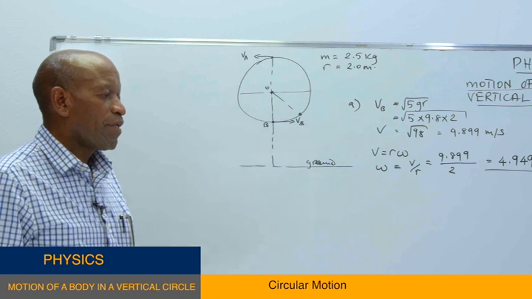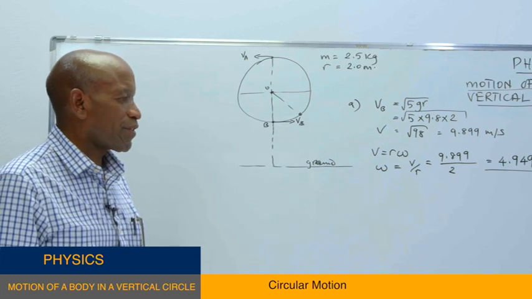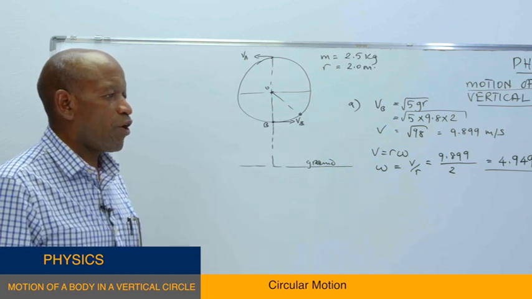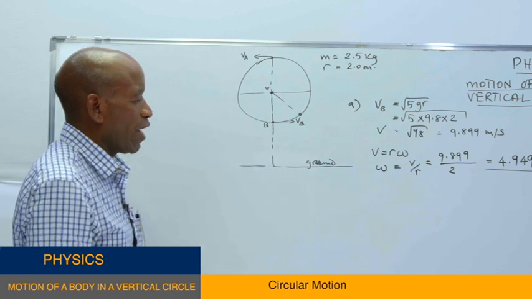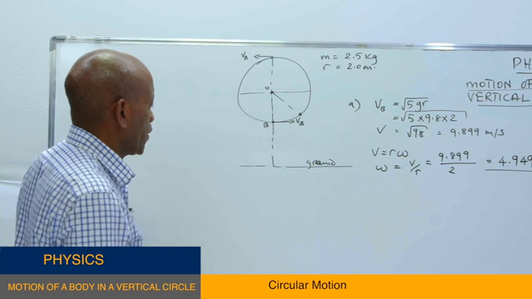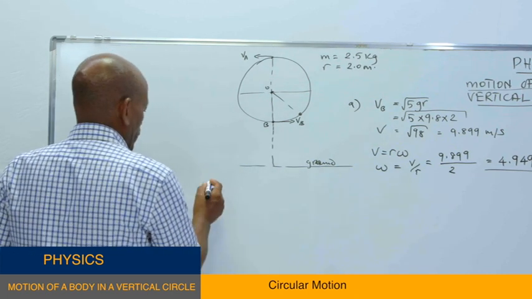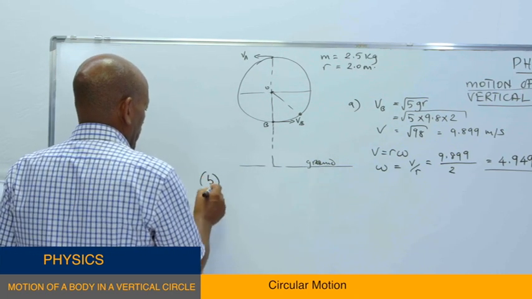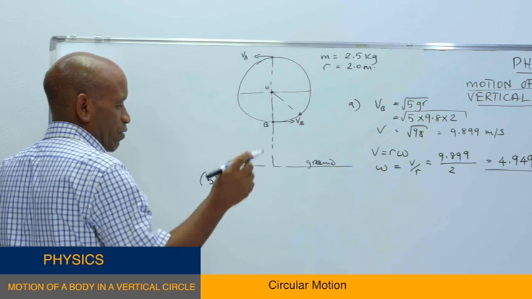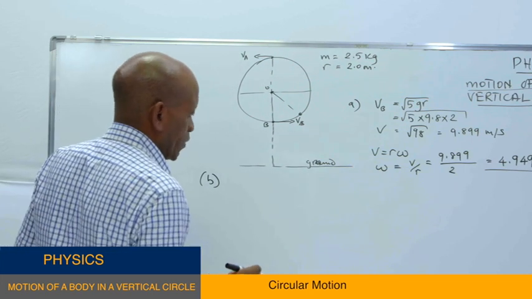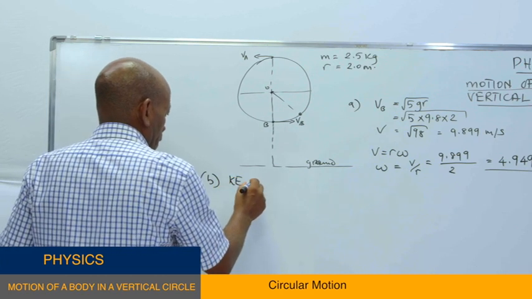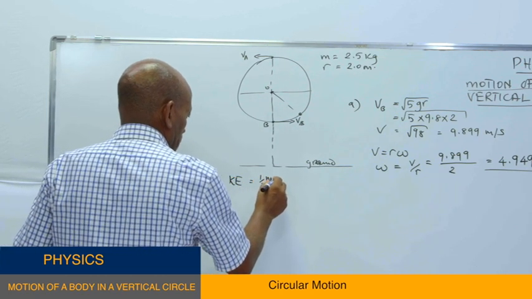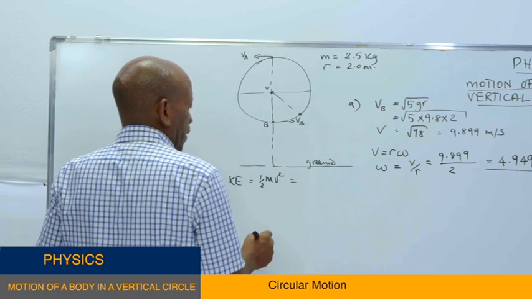Part B, we are looking for the kinetic energy and the potential energy of the ball at the lowest point. As we have done in our previous question, it's not supposed to take us more time, because it's more or less similar to one part of our previous question. The kinetic energy is equal to a half times mass times velocity squared.